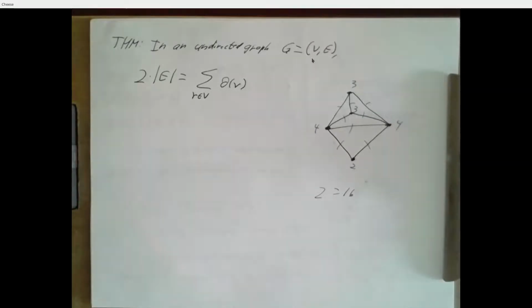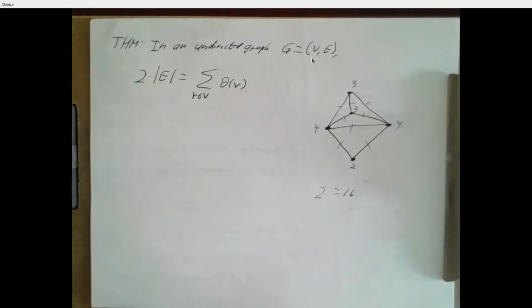Could we prove it? Of course we can prove it. Could we use induction maybe? Probably. Induction's another big hammer. It's good for everything. We could probably induct on the number of edges.